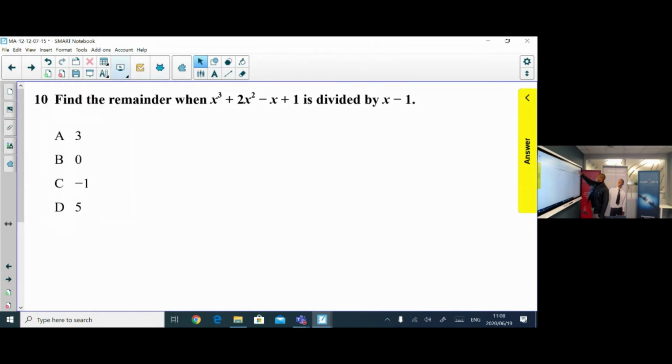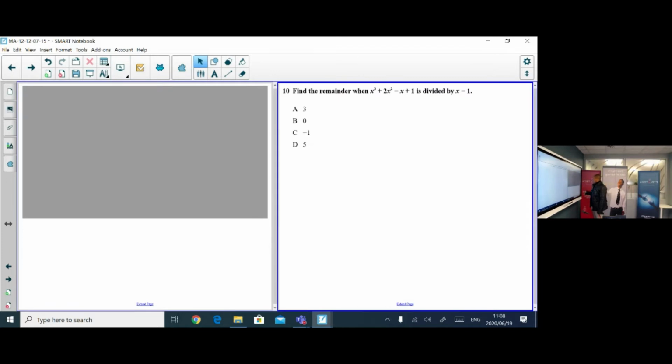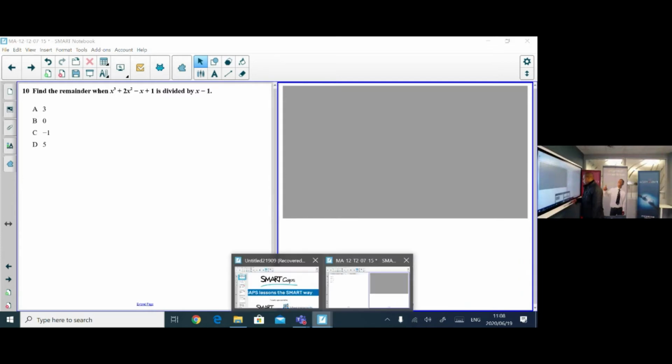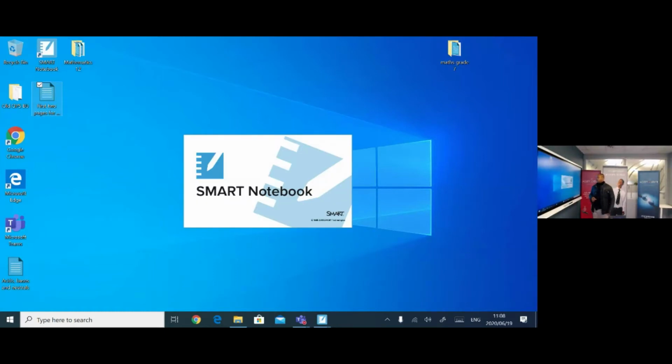So let's try one at this stage and see how far we can go. Okay, so remember, for all our assessments, we should go to hellosmart.com.